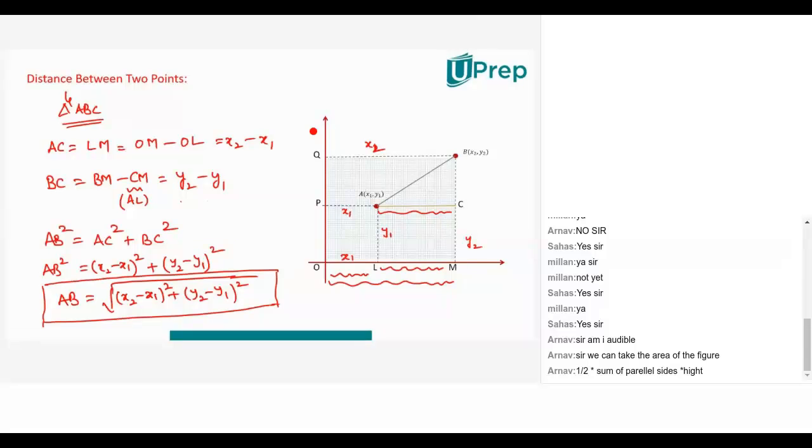Look at the board, the diagram is on the screen. Small derivation. If the two parts, AC length and BC length, are clear, then the Pythagoras theorem. If both are clear, the derivation will be clear. Is that clear to all? Alifia? Yes, it's clear. Arnav?